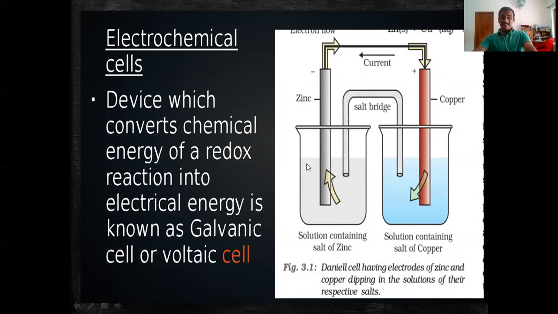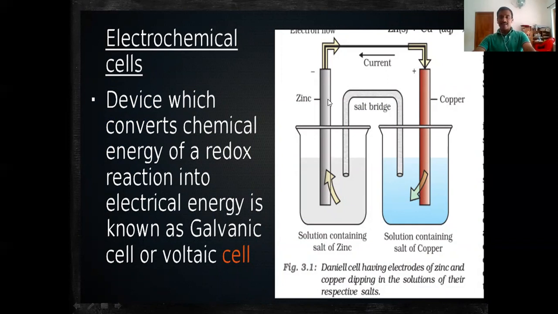When zinc is immersed in Zn2+ ions, it has a tendency to lose electrons, and that tendency is known as oxidation potential of zinc. So zinc releases its electrons and changes to Zn2+ and enters into this solution.